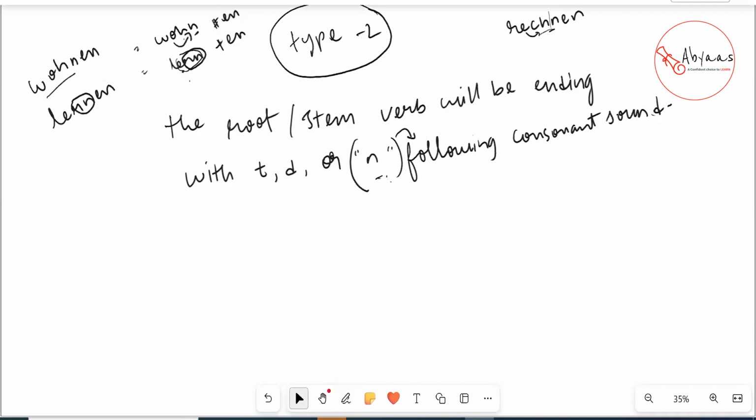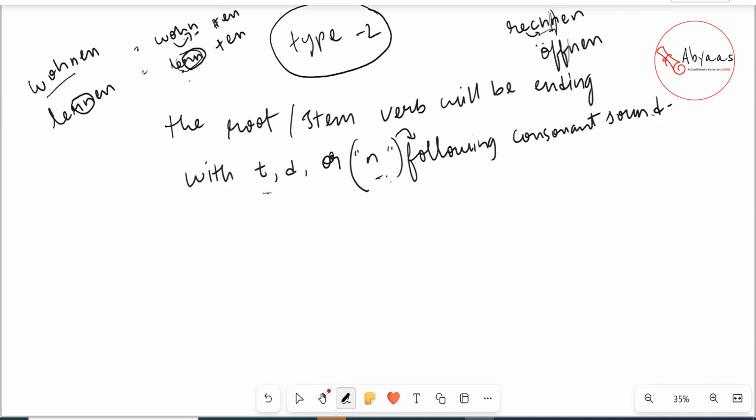It's separate: rech, nen. There is a separation over here. But in the case of lernen, is there a separation after r? No. Similarly, if I say öffnen, there is a separation. Öffnen. Getting it? These are second types.